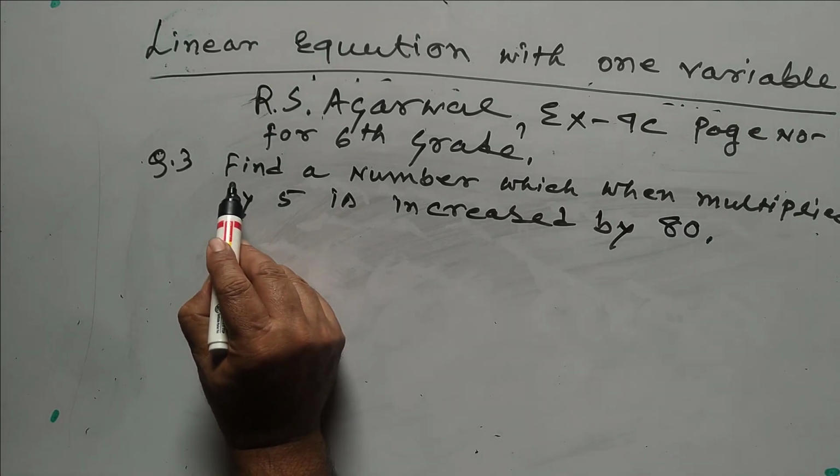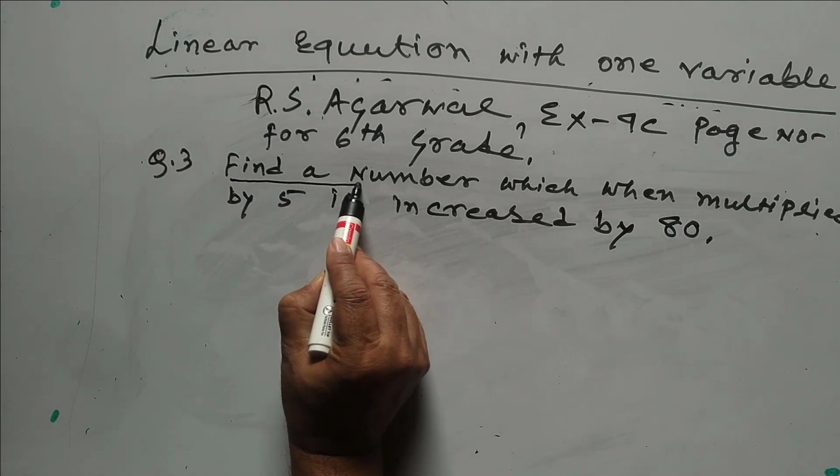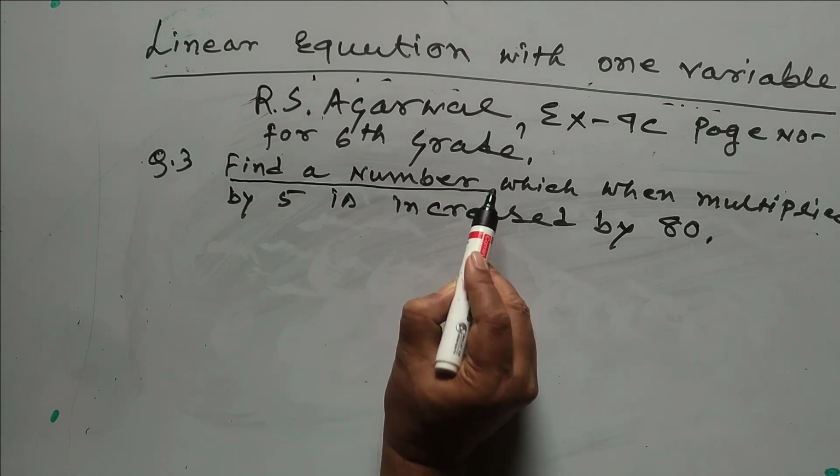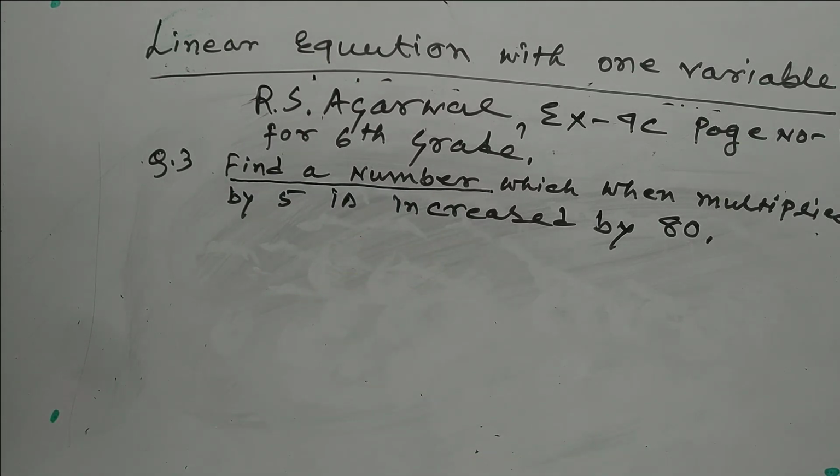So find a number. I don't know what the number is. So this is the unknown number.